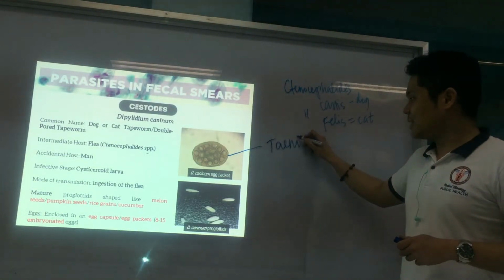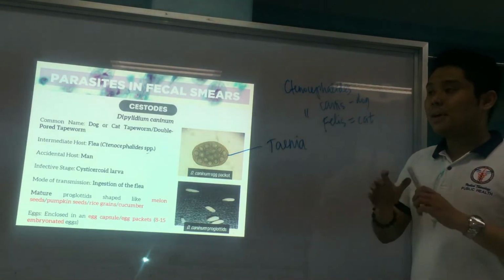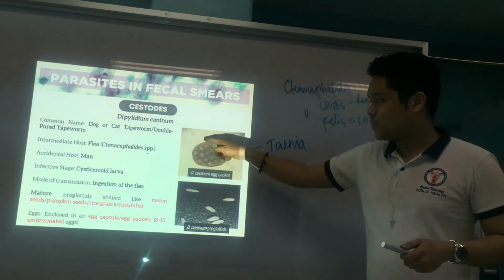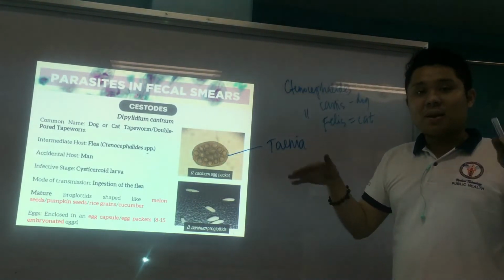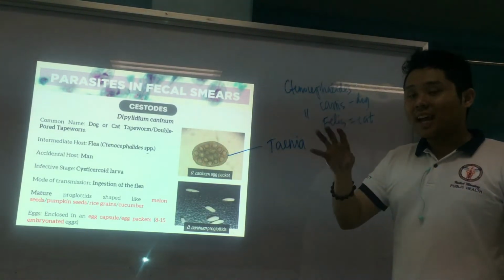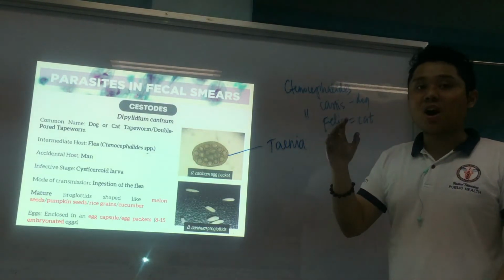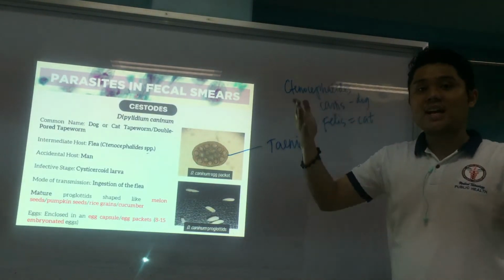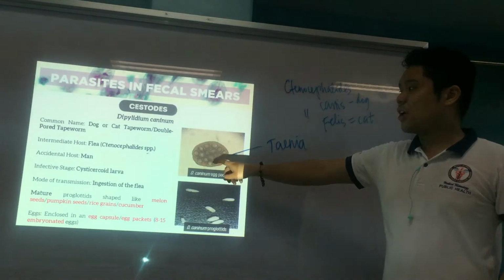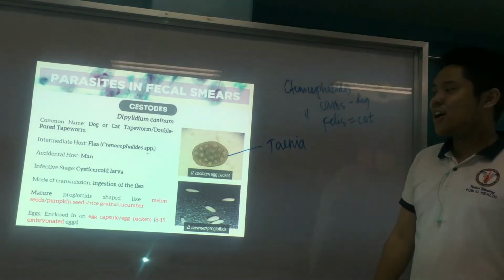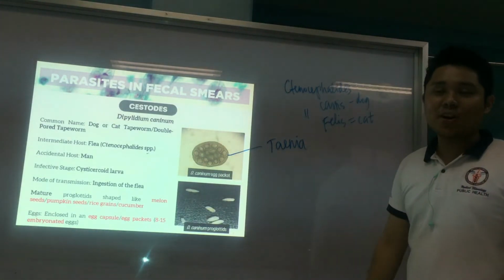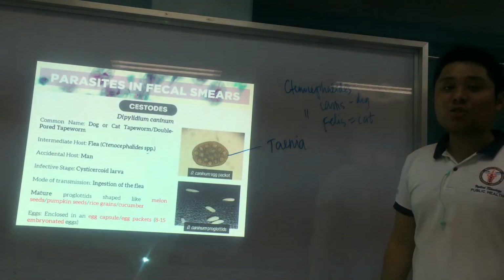But generally, what you recover is this one. It's an egg packet for Dipylidium caninum. It contains 8 to 15 embryonated eggs enclosed in a capsule. So this is what you recover in the stool. So very distinct for Dipylidium caninum: egg packets or egg capsule.